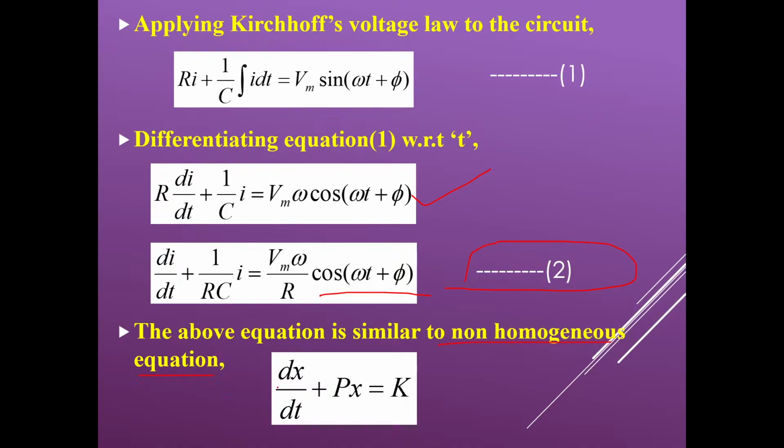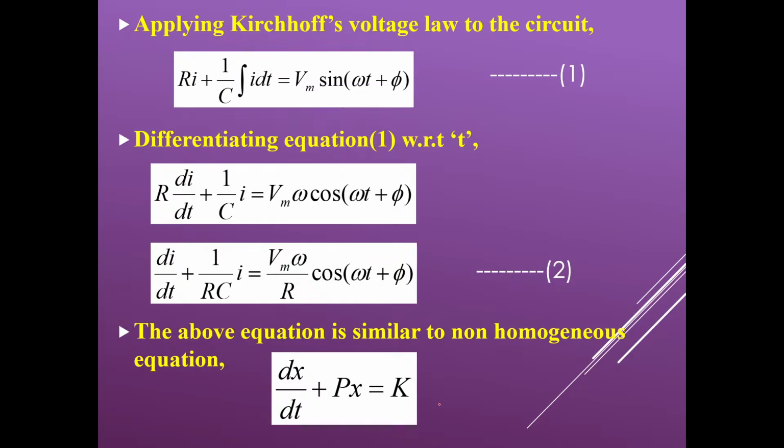It is similar to it. Here i is nothing but x, 1 by RC is P, and this whole term is K. So what is P? 1 by RC. What is K? My cursor won't listen to me, it's very irritating. K is Vm omega by R cos(omega t plus phi).